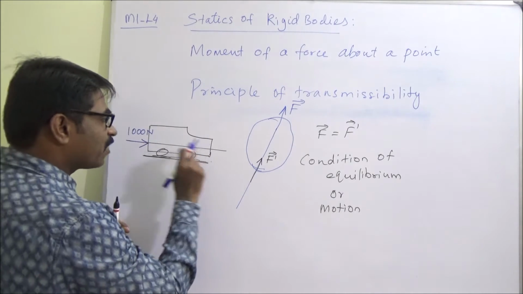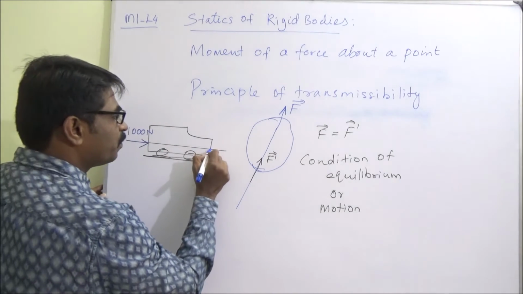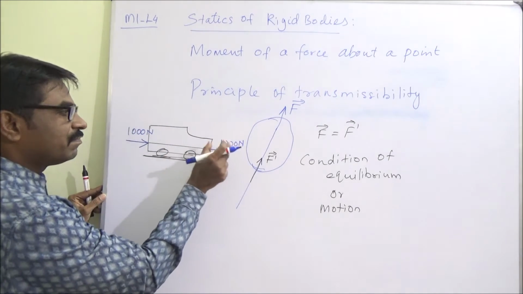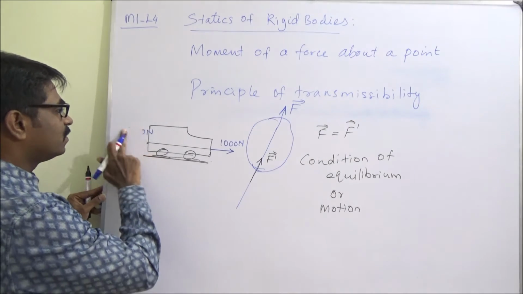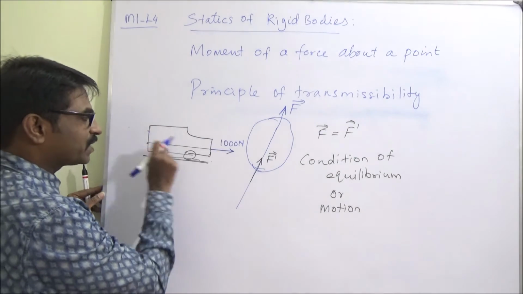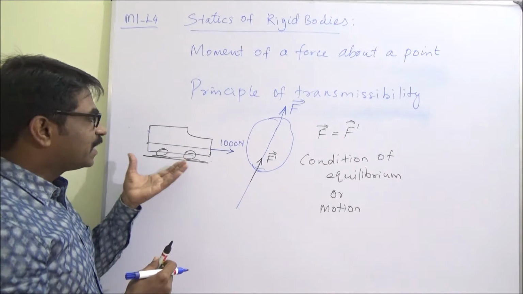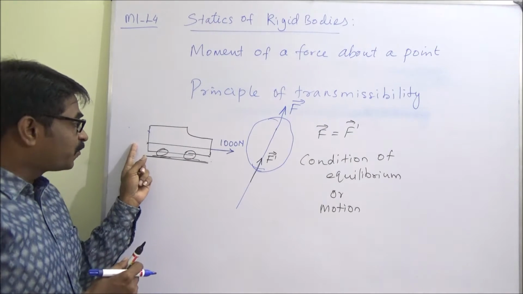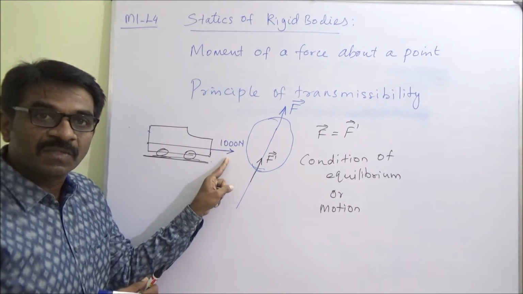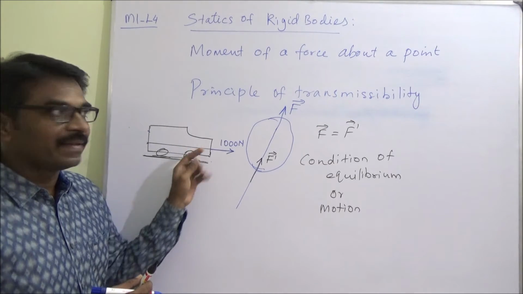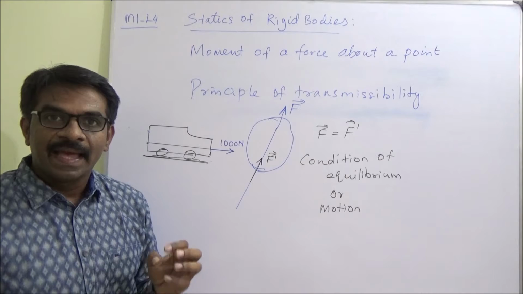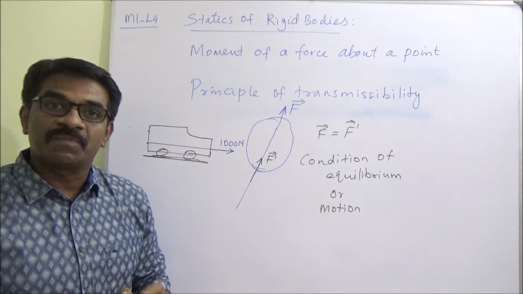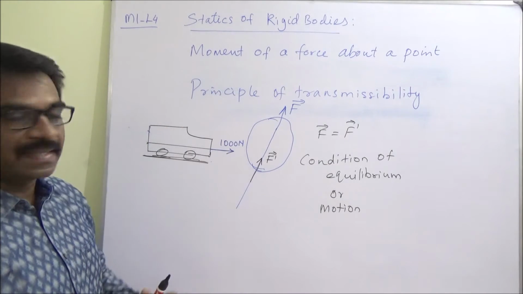On the same line of action, if you pull with the same magnitude, replacing it and applying the same force in the same line of action, the condition of motion will not be changed. What this force is causing, the same thing will be caused by this force on the body. This is the principle of transmissibility, and this principle is greatly used when we discuss the concept of moment. Let us first understand the moment.